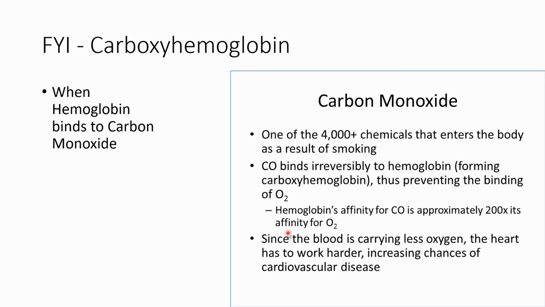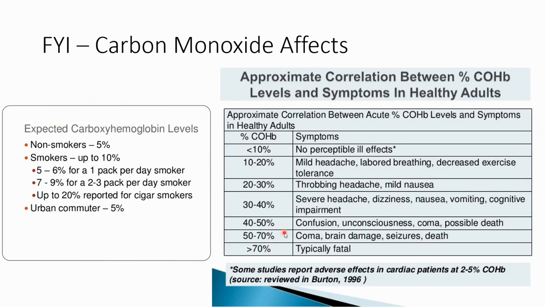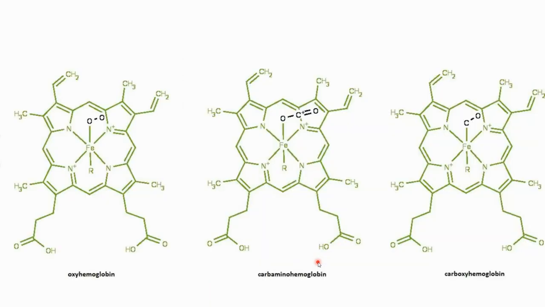And here's the thing, if hemoglobin is bound to carbon monoxide, it can't bind to oxygen, which means your body cannot transport oxygen because carbon monoxide is stuck to it. So these are just some effects of carbon monoxide poisoning. You can see that it can be fatal. That's why there are carbon monoxide detectors that they make for you to put in your house, because this can be something that is pretty serious.